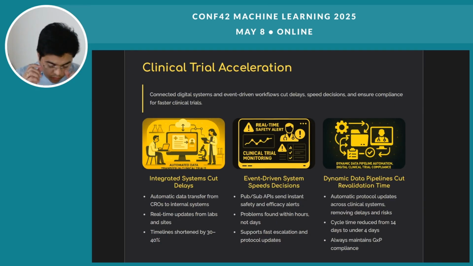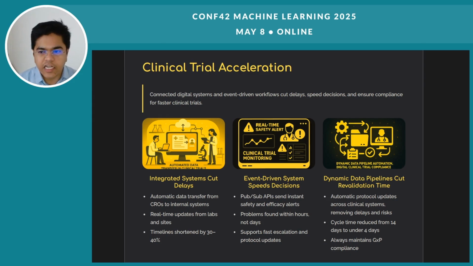Another use case where we got a big boost using this API architecture is clinical trials. Think of it, clinical trials happen across the globe in different regions, so it is very important to integrate with the CROs' systems on a real-time basis.